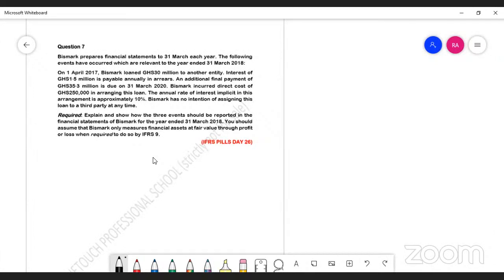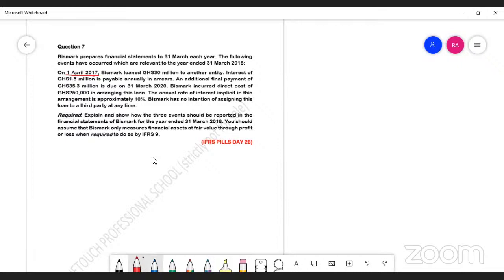Bismarck prepares financial statements to 31st March each year. The following events have occurred which are relevant to the year ended 31st March 2018. On 1st April 2017, it means that is the beginning of what? 2018 financial statement. On 1st April 2017, Bismarck loaned 30 million to another entity.